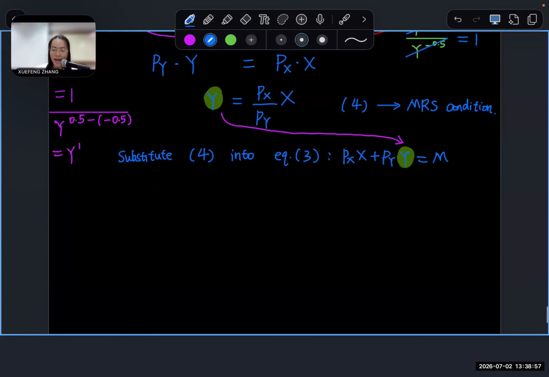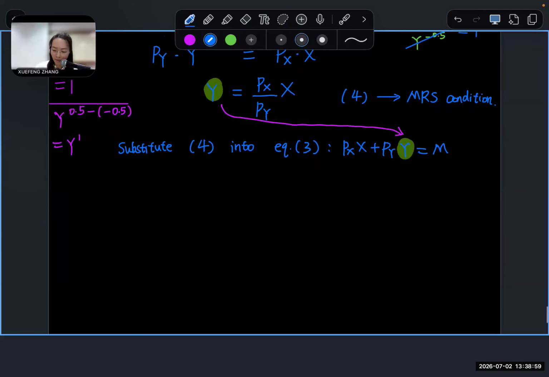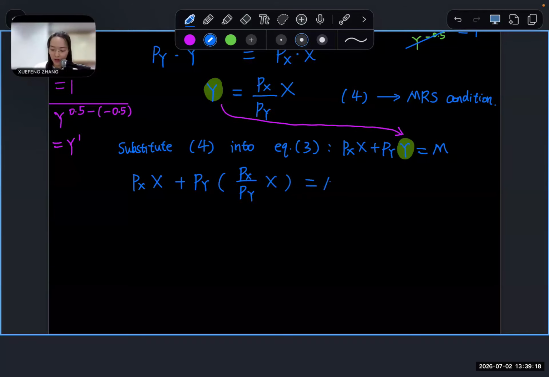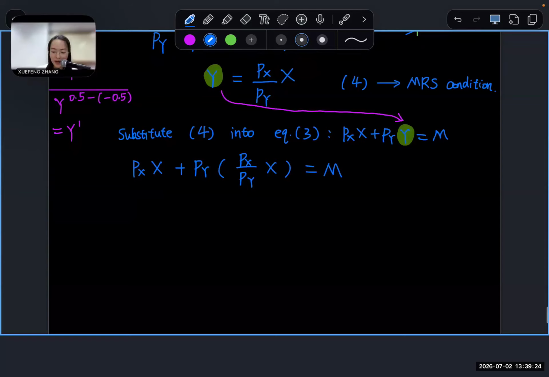Okay, what do we have? Px times x plus py times y, but y here I'm gonna replace by px over py times x, and equal the income. Okay, equal the income that you have. Simplify it.